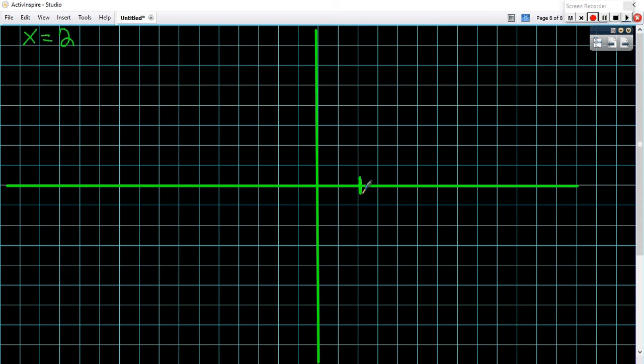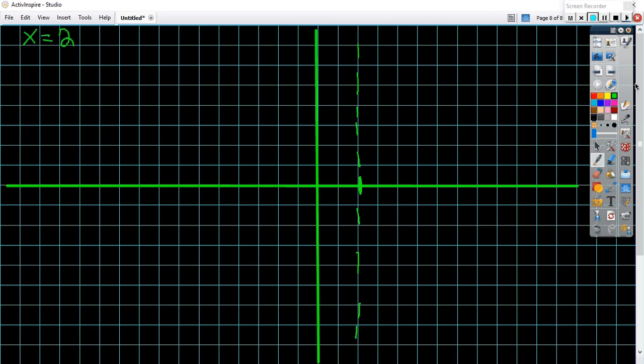Okay. Somewhere here is going to be my vertex. I'm going to draw this dashed line because guess what this is? That's the line of symmetry that we talked about in the beginning. So I'm going to label it axis of symmetry.